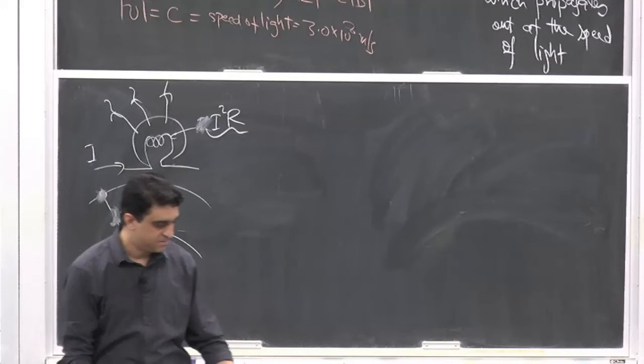So it depends on which direction the oscillations are in. If the charge oscillates randomly in all different directions, you would have oscillation in all directions, and this would be non-polarized light. So this is an important concept which you need to understand.